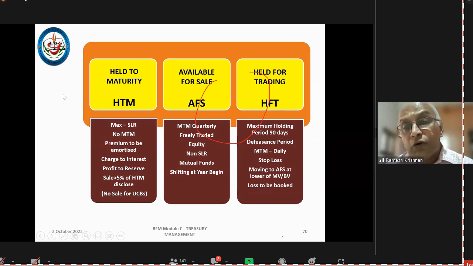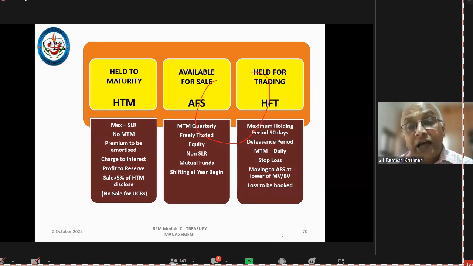Now, with that understanding, we need to be very clear that whenever a bank purchases a security, in the secondary market or primary market, whichever it is, whenever it is acquired, it has to categorize or record in its books the category it is acquiring it under: held to maturity, available for sale, or held for trading.